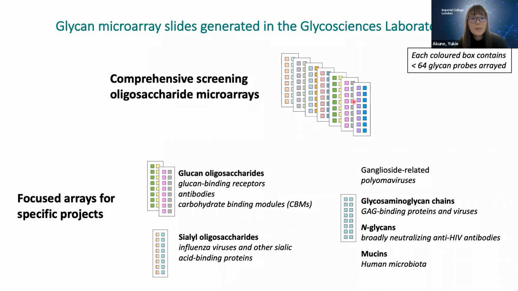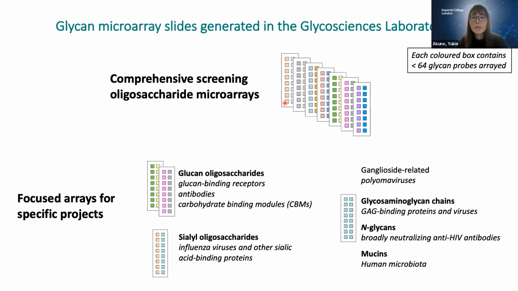So this is the illustration of our slide layout, and each color indicates different types of subarrays, which I'm going to describe a little bit more in later slides. But we print a maximum of 64 glycan probes per block, per square.